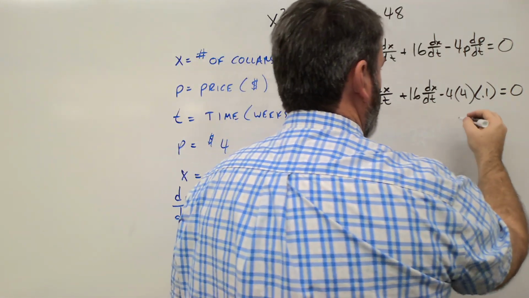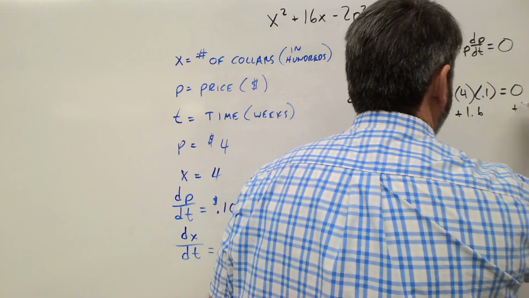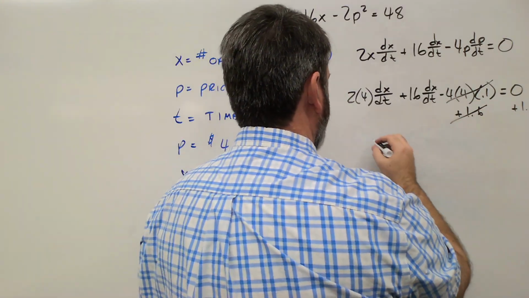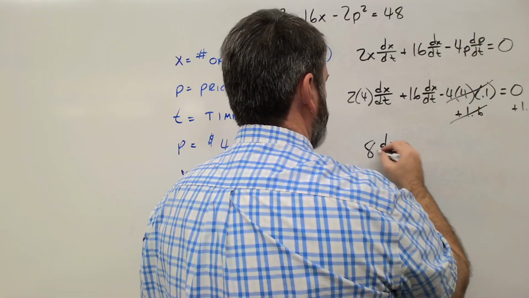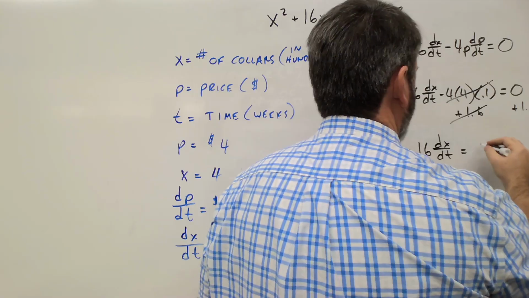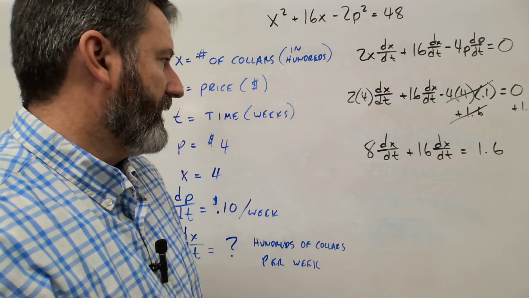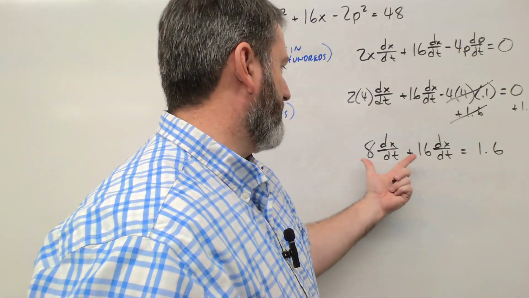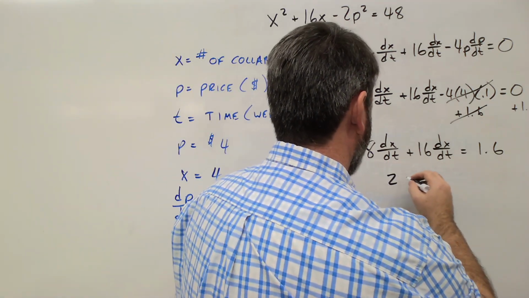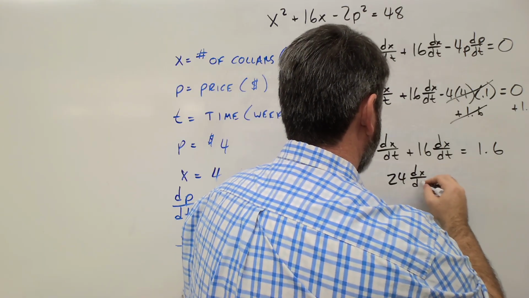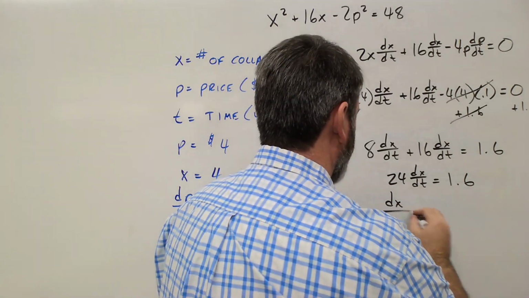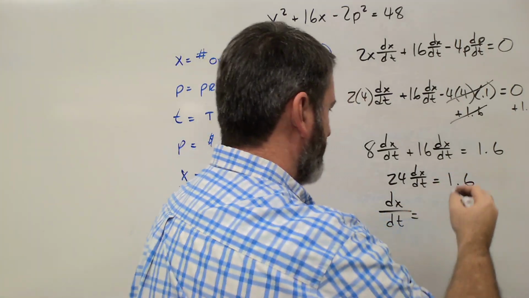So let's add 1.6 to both sides. And we'll be left with 8 times dX over dt plus 16 times dX over dt is equal to 1.6. So 8 times dX over dt plus 16 times dX over dt is 24 times dX over dt. That's equal to 1.6.